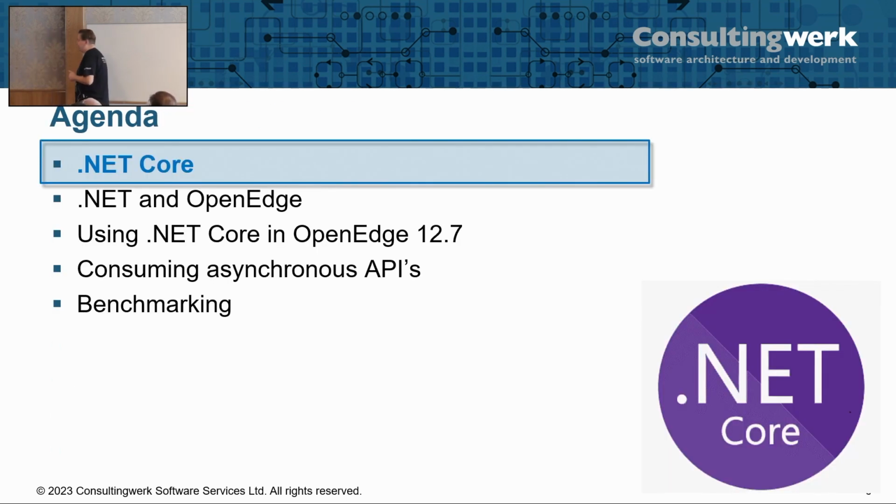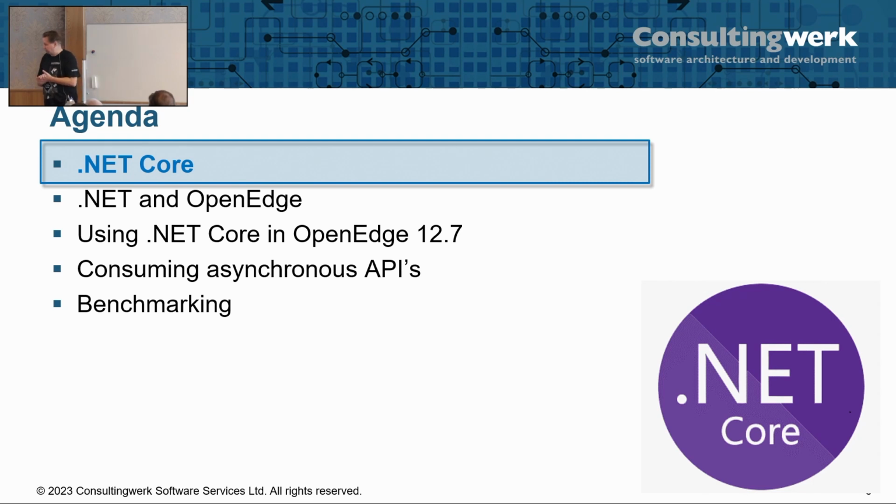So in the next hour, I'm going to talk about .NET Core, what is .NET Core, a little bit of the history of OpenEdge and .NET in general, and then the main topic will be using .NET Core in OpenEdge 12.7. 12.7 was released this May, I think, so 4 months ago. It's a pretty new feature.